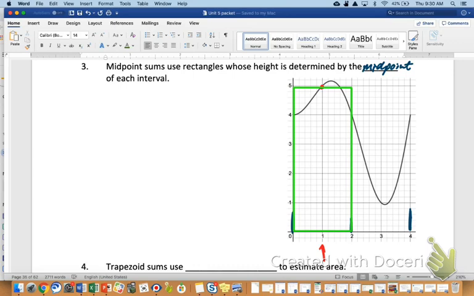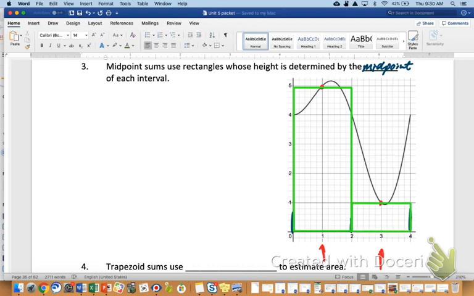And then, of course, the midpoint from 2 to 4 is 3. And so I would use the height at 3, and that is approximately right there. So again, I would use a rectangle based on that height. Let me try that again. There we go.